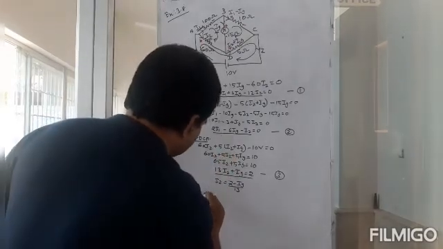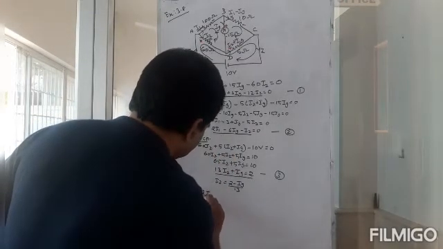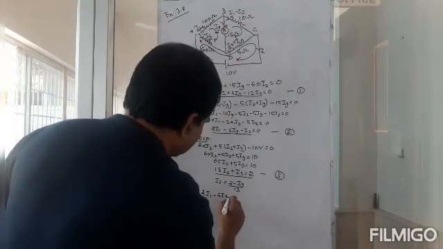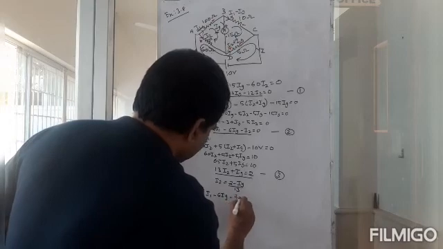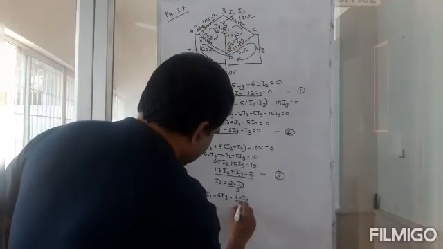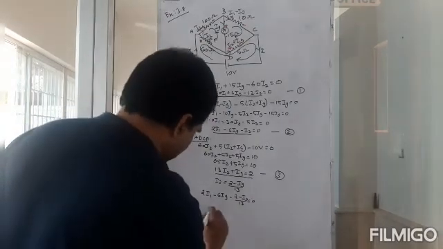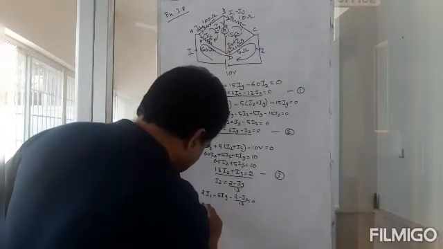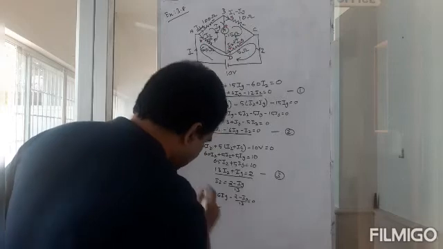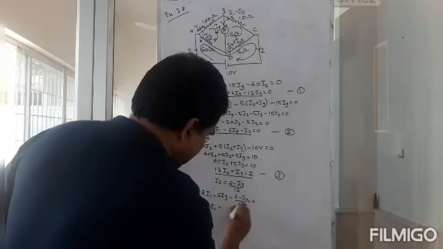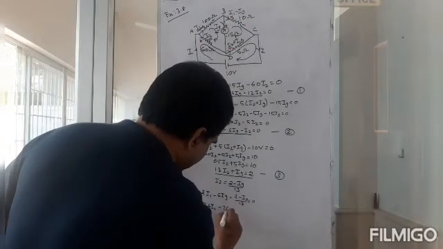So I get 2 I1 minus 6 Ig, then minus I2, (2 minus Ig) by 13 equals 0. So take 13 common. So 13 into 2 is 26 I1, minus 6 into 13, 78, Ig.